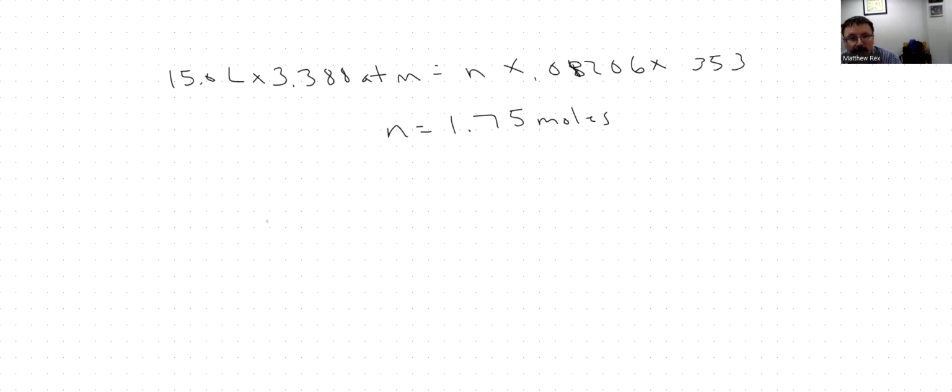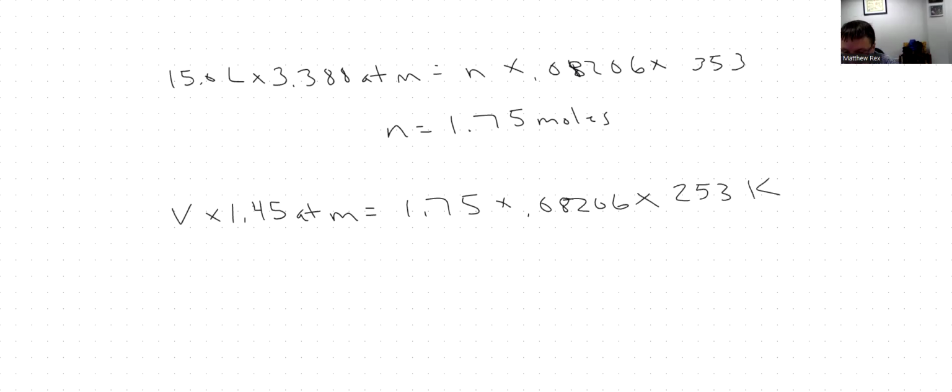Then the balloon goes under differing conditions. So now we're trying to solve for the volume. We know the pressure, 1.45 atmospheres. We know the number of moles, the ideal gas constant, and we're solving for the volume.